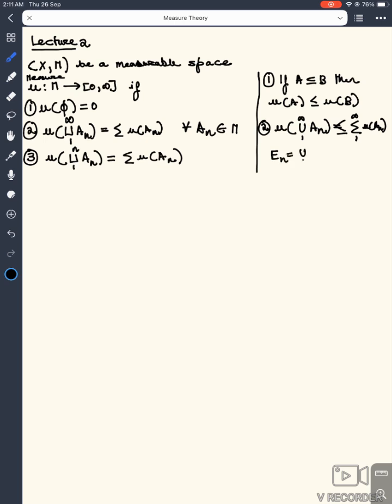Suppose E_n equals the union from 1 to n of A_k, then disjointify them, define F_(n+1) equal to E_(n+1) minus E_n. So clearly the F_n's are disjoint, and F_(n+1) is a subset of A_(n+1).